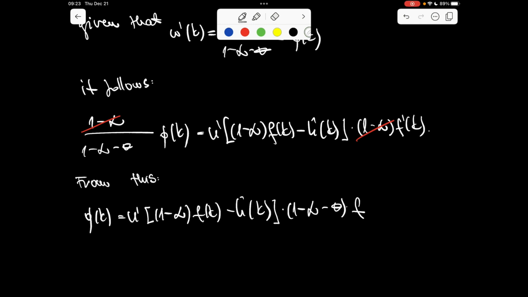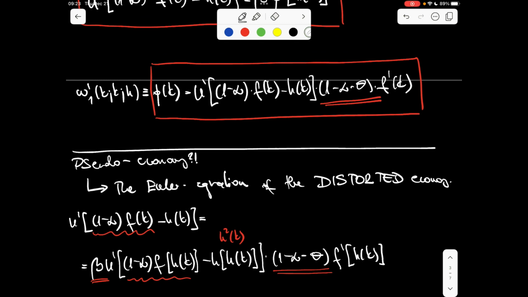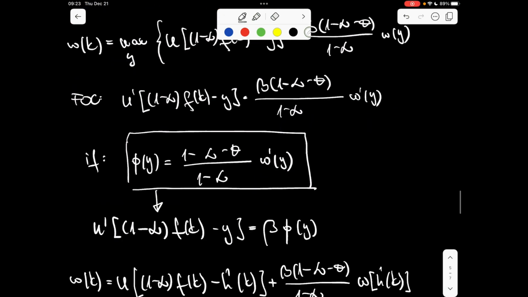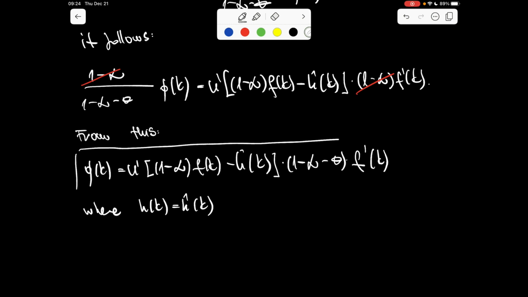No, this is the envelope condition of the distorted economy. Yes, so this is what we received. Where there is one final point where the two policy functions are identical. So this is equal to the related equation of the distorted economy.